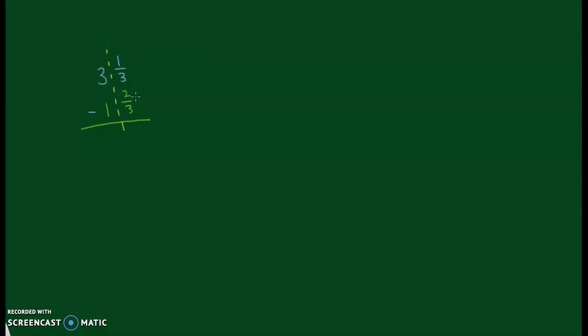So I cannot take 2/3 away from 1/3. So 1/3 subtract 2/3, I can't do that. So I need to do some trading. And to trade, I'm going to start by taking one whole from the 3. Now I'm going to draw a picture over here to kind of show what this looks like.